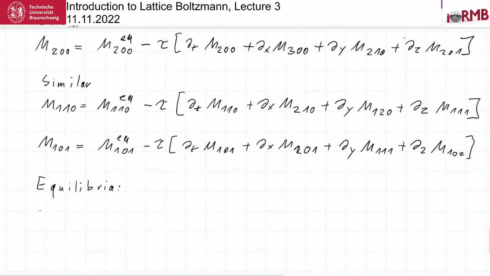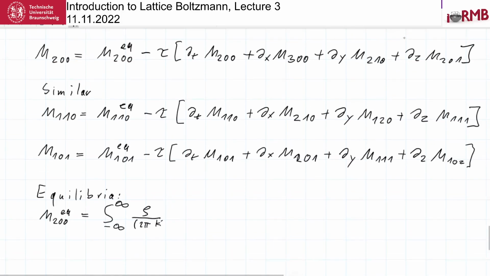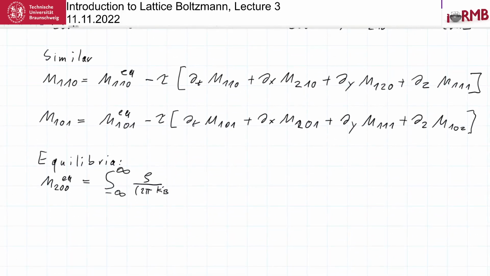So the equilibrium for M200 is the integral from minus infinity to infinity. Now comes rho times 2 pi k Boltzmann constant divided by the mass of a particle. So I remind again, this rho here is not the mass density, but is a particle density. So it's not kilograms divided by cubic meter, but it's 1 divided by cubic meter.